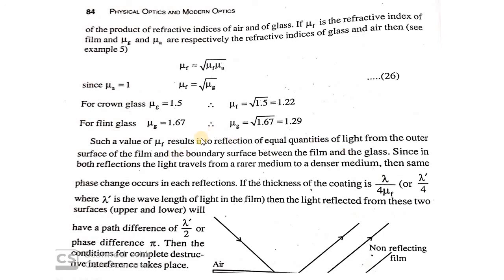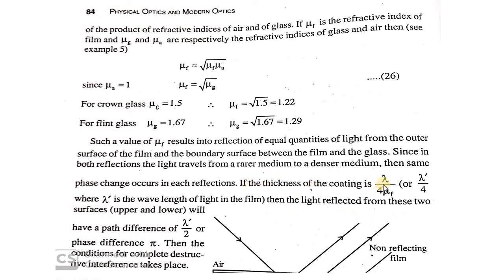With such a refractive index for the film, the light reflected from the upper surface and the light reflected from the lower surface both undergo reflection from a rarer to a denser medium, so there will be an equal phase change at both surfaces.